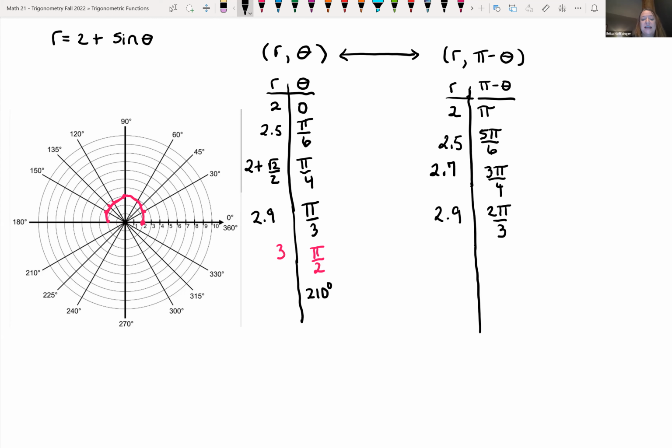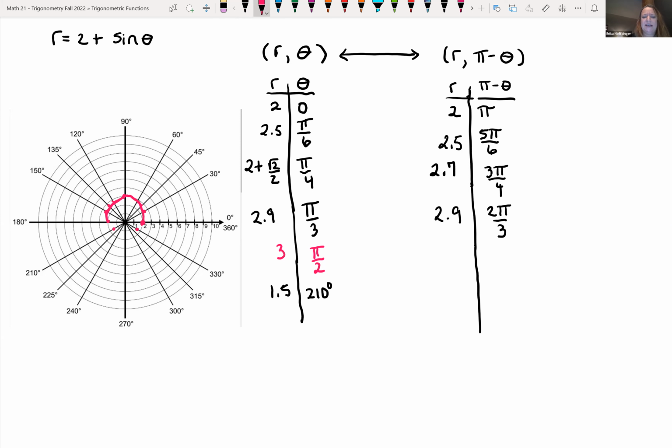And so 2 plus -1/2 would give me 1.5. So knowing that I have 1.5 here, it's going to be right here. Symmetrical across this line, I'm also going to have 1.5 here.